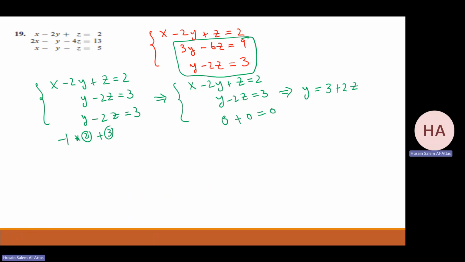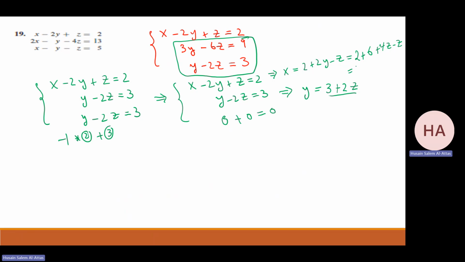And also I can find that x is 2 plus 2y minus z. I plug y there: 2 plus 6 plus 4z minus z. Sorry, this is 4z.